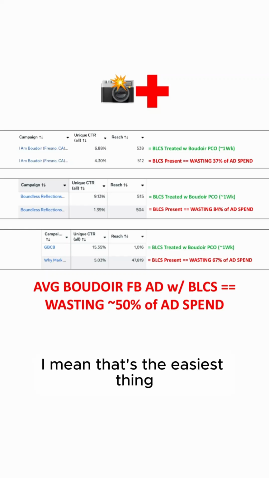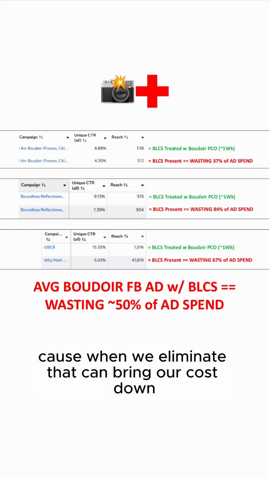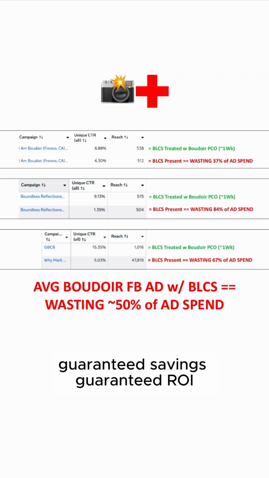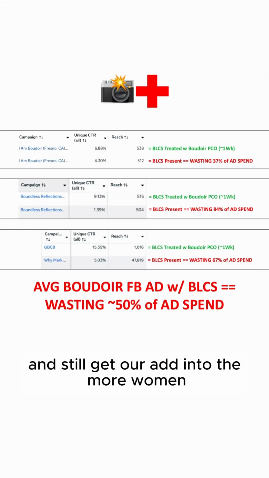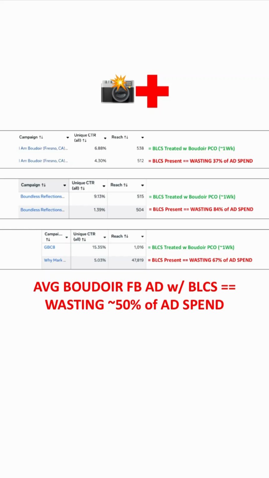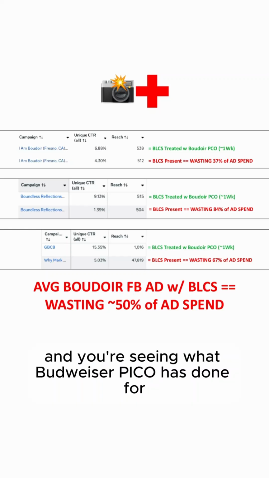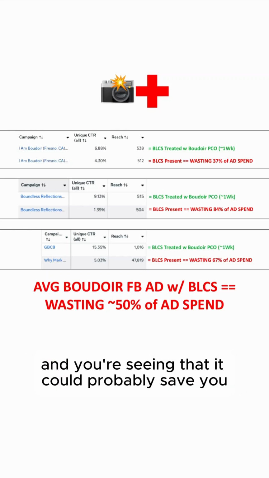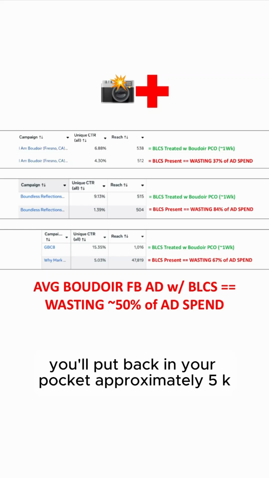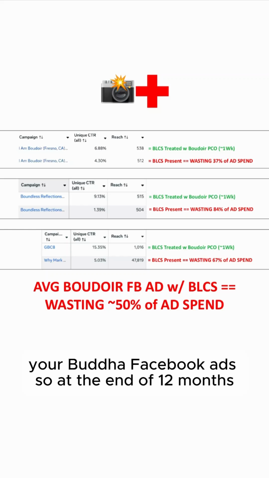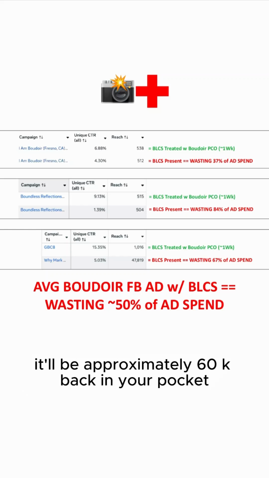That's the easiest thing, because when we eliminate that, we can bring our costs down, and that's guaranteed savings, guaranteed ROI, and still get our ad into the same number of women's brains at less cost, less spend. And you're seeing what Boudoir Pico has done for other Boudoir Facebook ads, and you'll put back in your pocket approximately 5K every single month that you are running your Boudoir Facebook ads. So at the end of 12 months, it'll be approximately 60K back in your pocket for no extra effort.